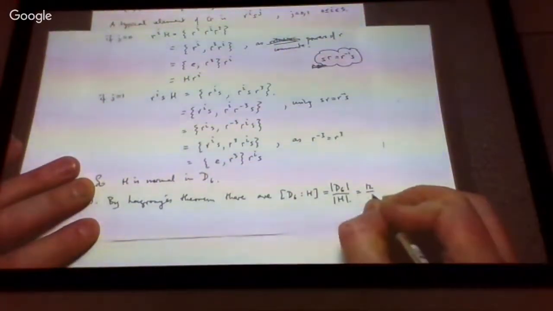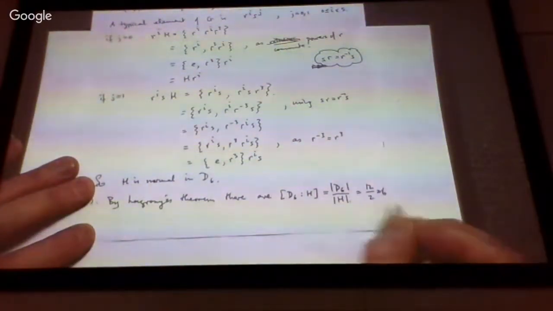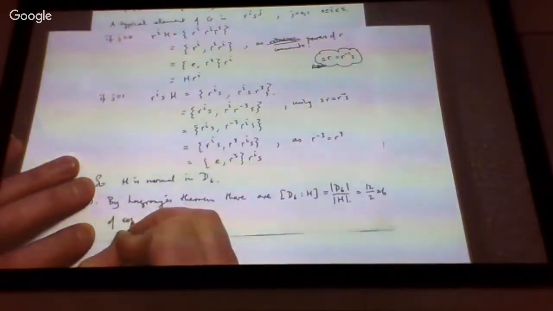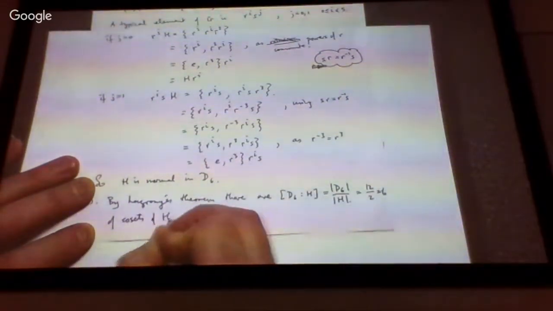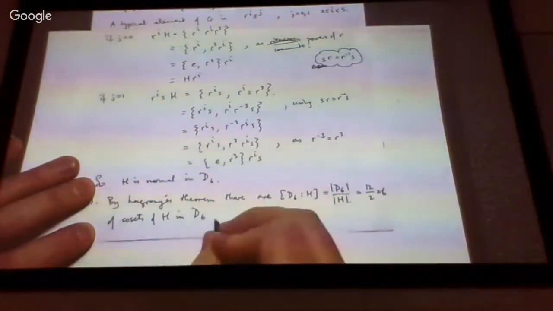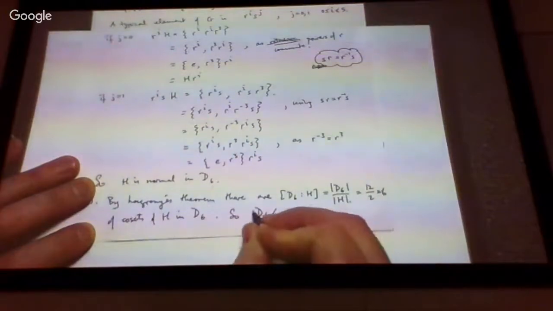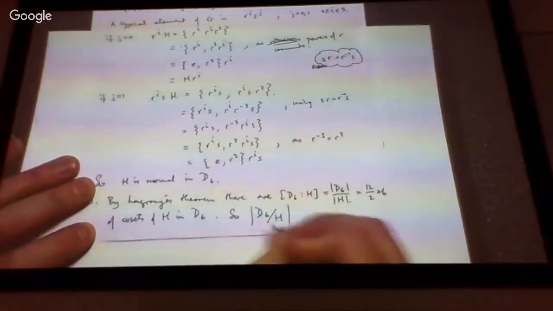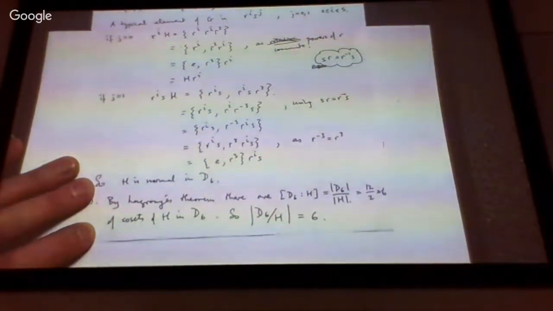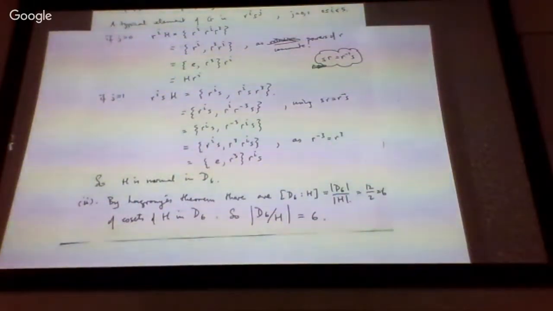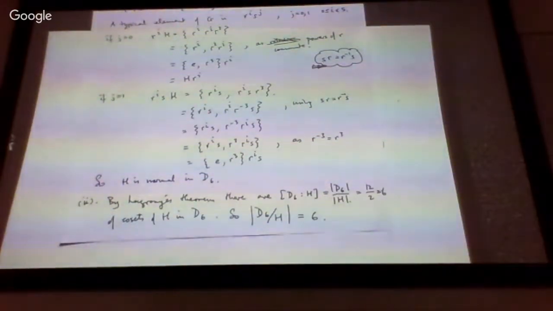That's 12 over 2, which is 6. There are this many cosets of H in D6. So the order of the factor group is equal to 6. We've justified that well, referring back to Lagrange's theorem and showing that we know the index notation and so on.